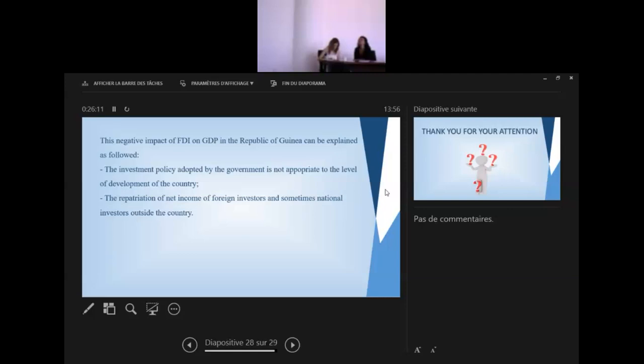So according to this study, the foreign investors in Guinea are investing in the mining sector, only in the mining sector. In that, they use greenfield investment. So according to this study, brownfield investment is better for my country, for Guinea, because with brownfield investment, foreigners will merge with the national firm.